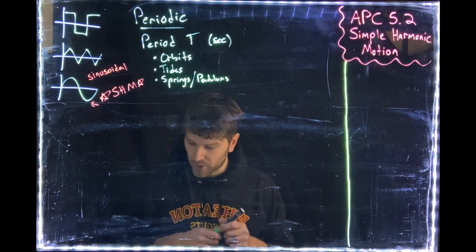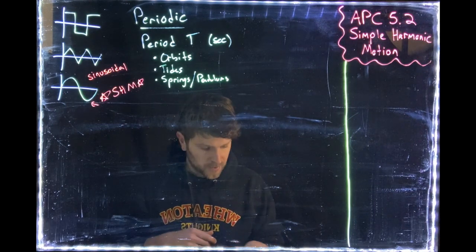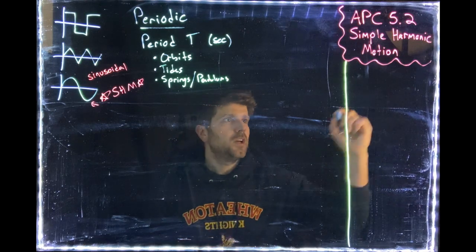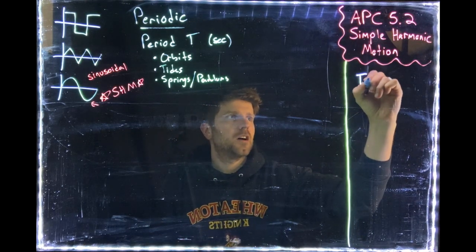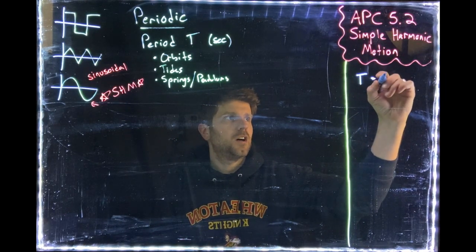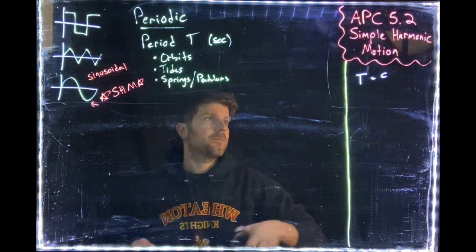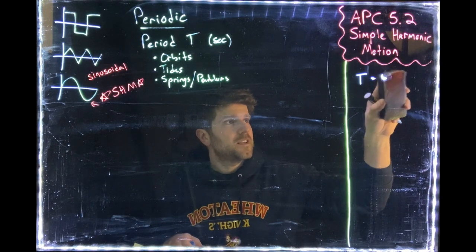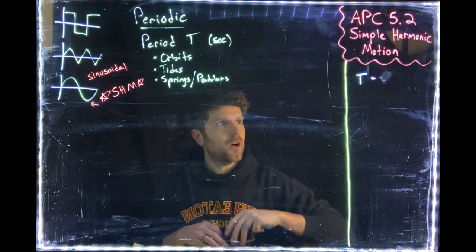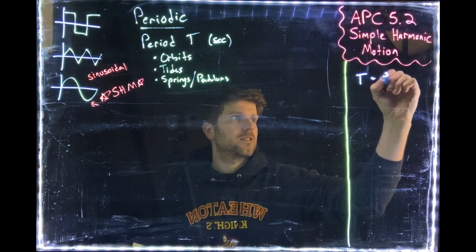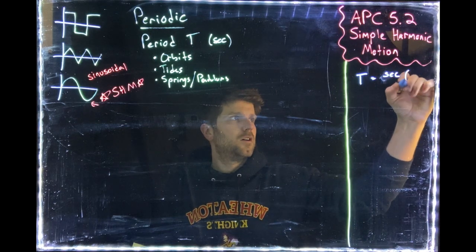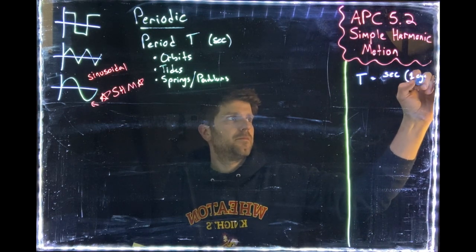Typically in this case, by the way, we are interested in the time period. The time period t is how long one cycle takes. It is seconds for one cycle.